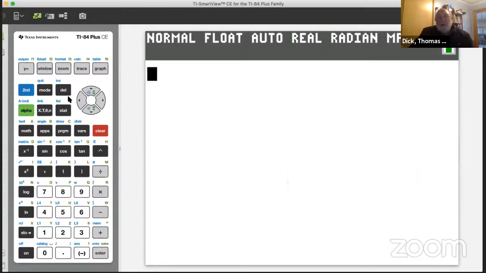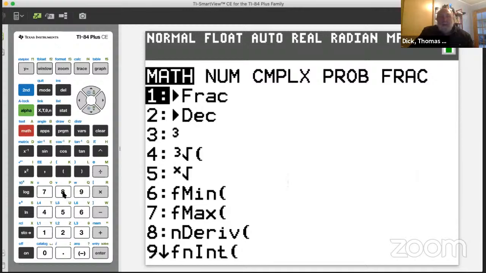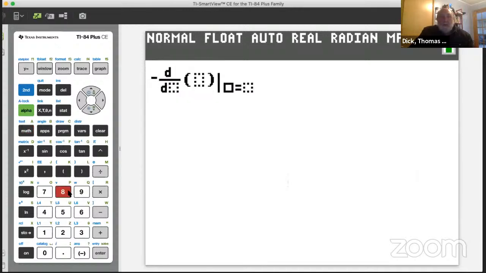What I'm going to do is bring everything over to one side of that equation, so that's x squared plus y squared minus 16. I'm going to take the negative of the numerical derivative with respect to x of that expression in 2 variables.